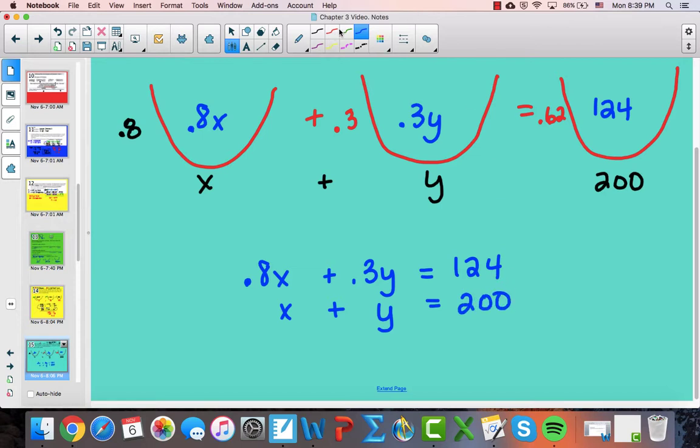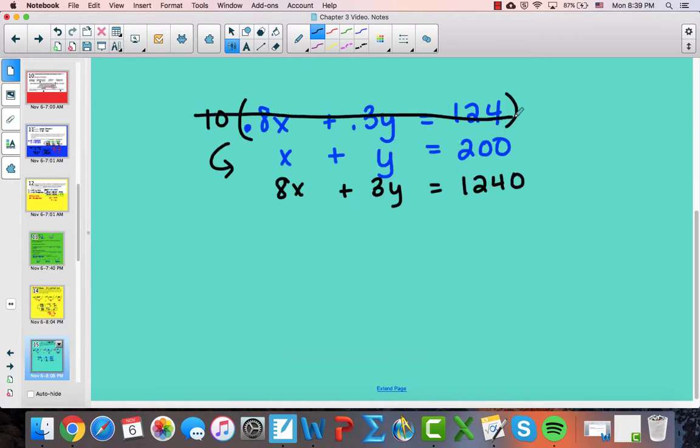All right, you know what? This one I just looked, and I am going to multiply the top equation by 10 to clear those out. So I multiplied by 10 because there's one decimal I want to get rid of, and that gave me 8x plus 3y equals, now make sure you multiply the 10 to the 124 to get 1240.